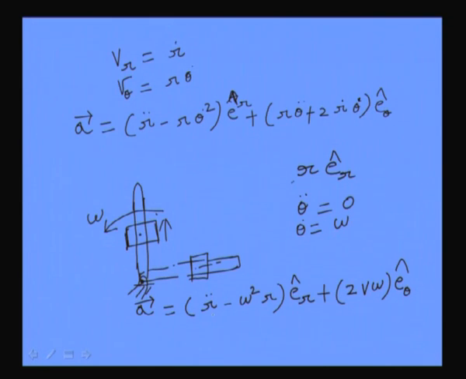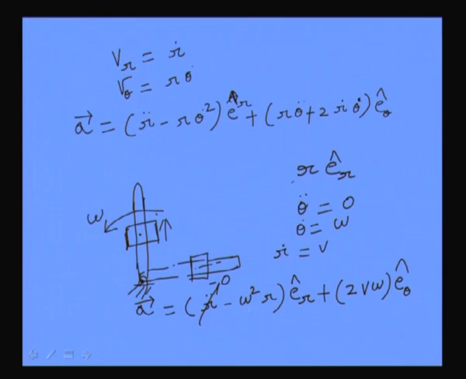Along the radial direction, this is r double dot, but as we already know that r dot is equal to v, therefore r double dot will be dv by dt. If the block slides on the link with a constant speed, then r double dot will also go to 0 and you will be left with minus omega square r er.